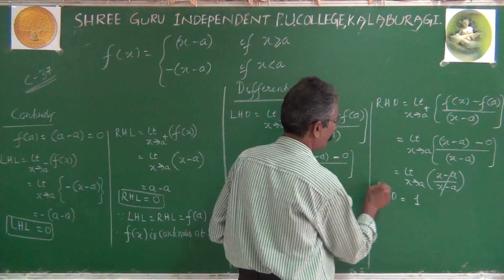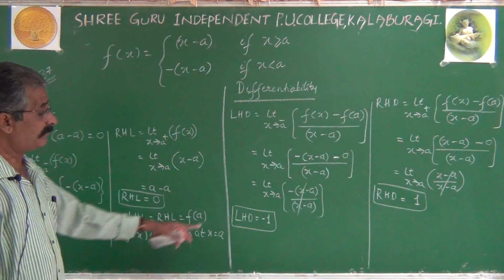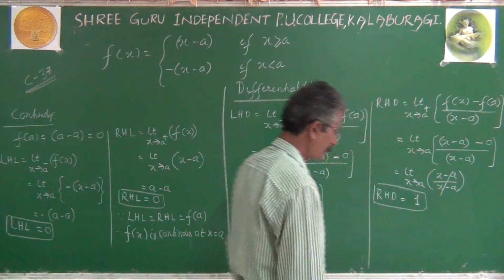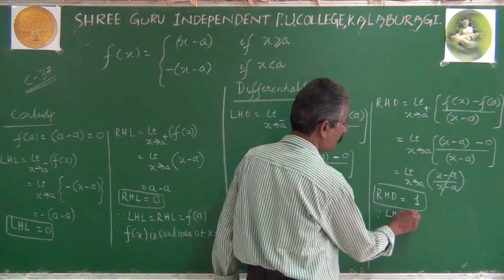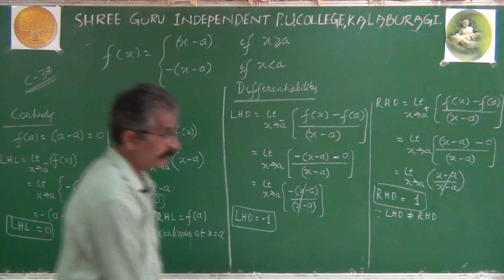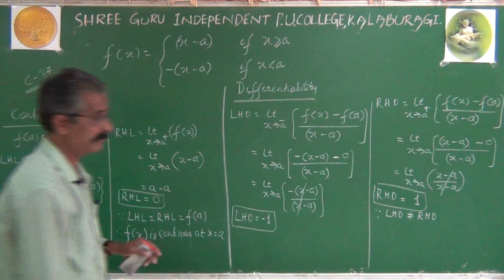Observe, left hand derivative is minus 1, right hand derivative is plus 1. Since LHD is not equal to RHD, even though the function is continuous, it is not differentiable.